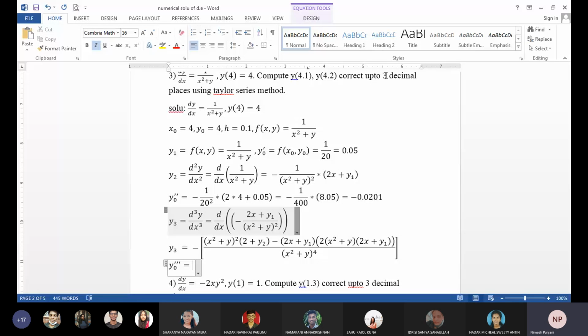Okay, so now what will be y0 triple dash? Y0 triple dash means value of your third order derivative when x is equal to x naught.